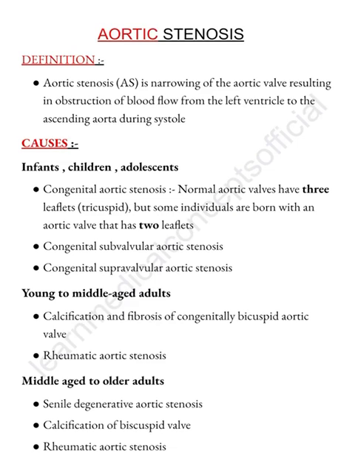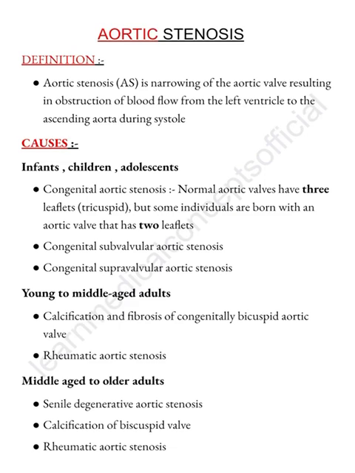The causes of aortic stenosis. In infants, children and adolescents, the first and most common cause is congenital aortic stenosis. Normally, the aortic valve has three leaflets as we discussed before, but some individuals are born with an aortic valve that has two leaflets.